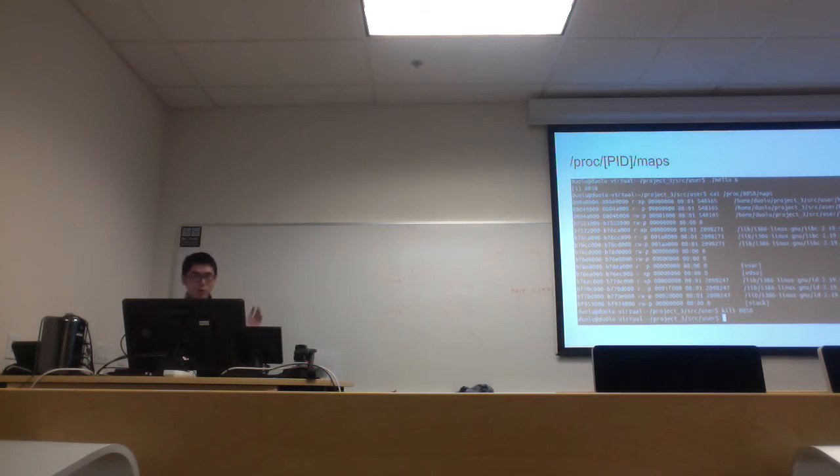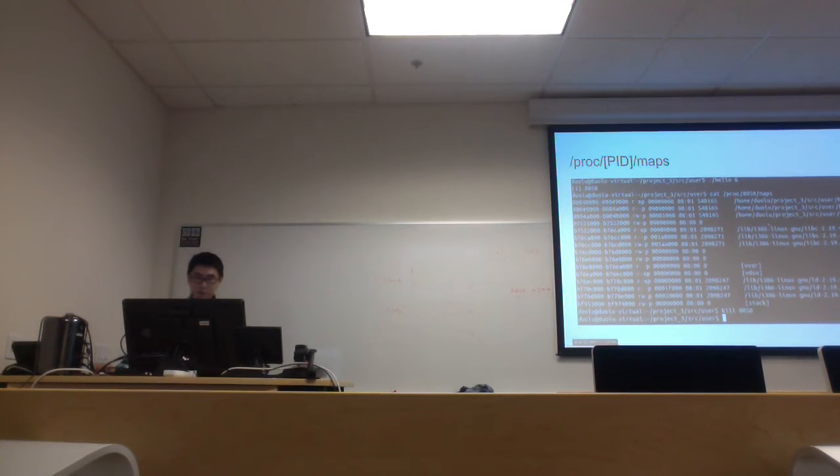For any program, you can read out the virtual memory areas, all the segments, by the proc file system. If you go to /proc/PID/maps, you can see these segments. For example, I wrote a very simple Hello World program, launched it with this PID, and I can print out the memory maps of the Hello World program.